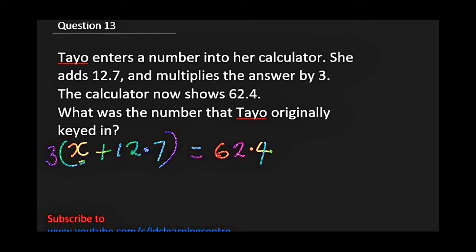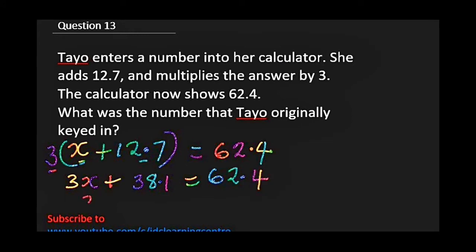What was the number that Tayo originally keyed in? We are solving for x now. To get rid of the bracket, we need to use this 3 to multiply each of the terms inside the bracket. So 3 times x will give me 3x plus 3 times 12.7 will give me 38.1, equal to 62.4.